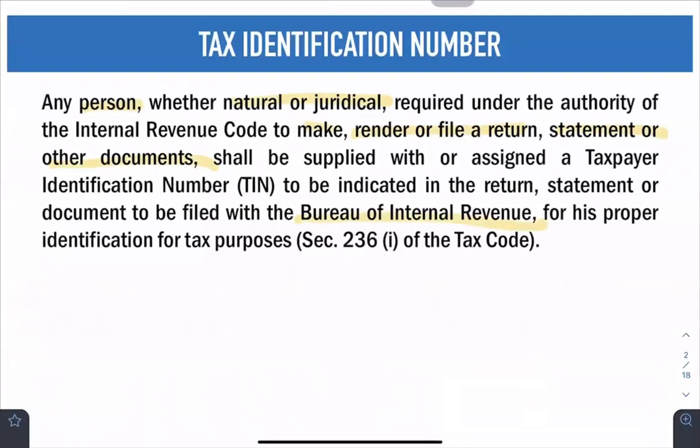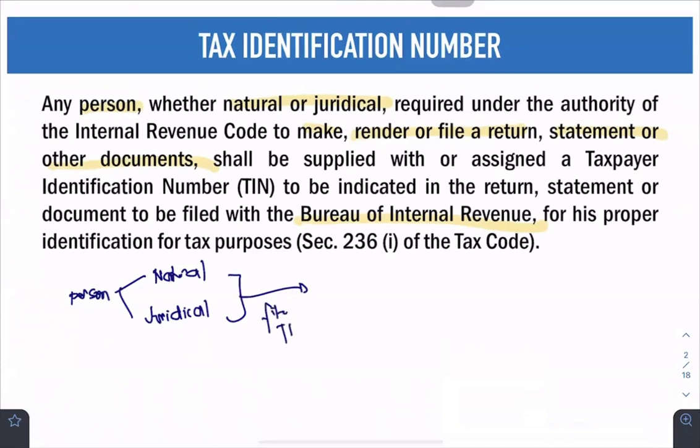Therefore, in short, if there is a person, whether natural or juridical, whenever you need to file a tax return, there must be a tax identification number. In short, one person must have one TIN.